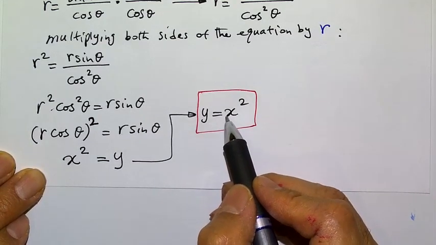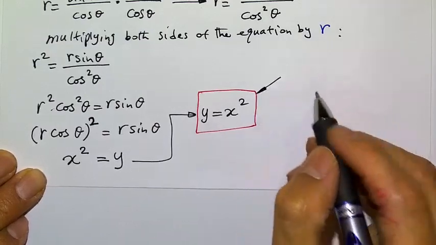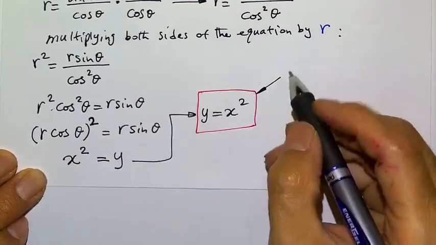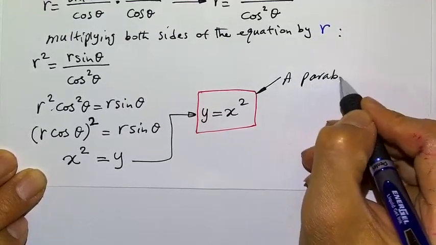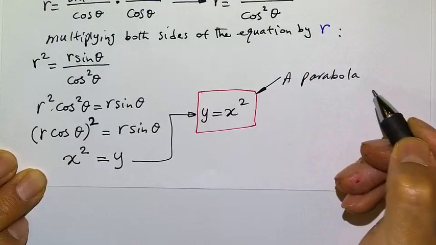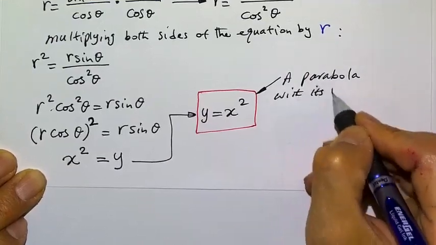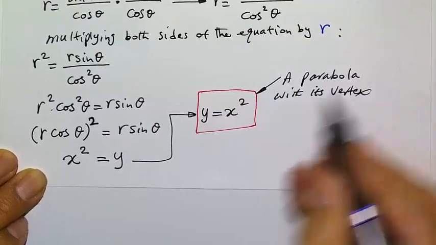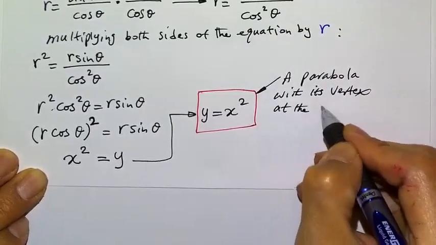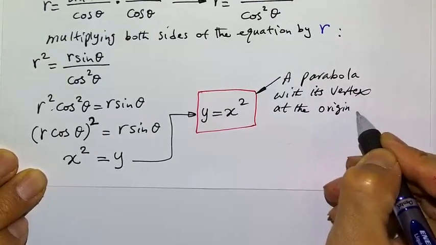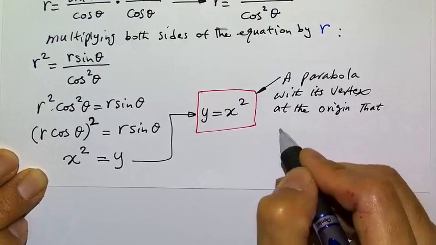Okay, since they asked us to identify the curve, let's do that. So this is a parabola with its vertex at the origin, and that opens upward.